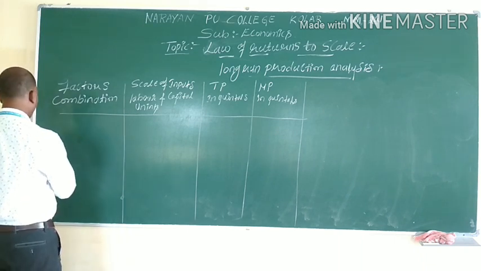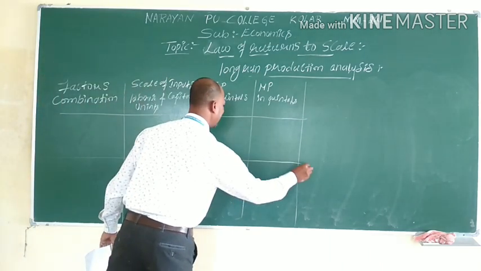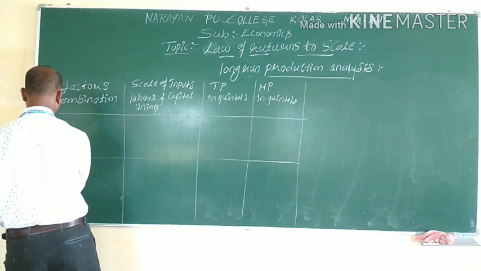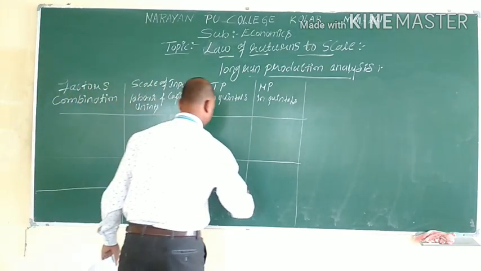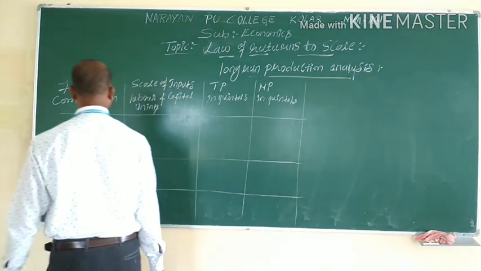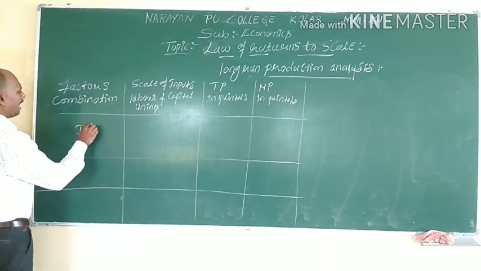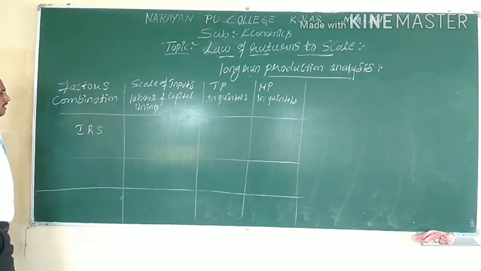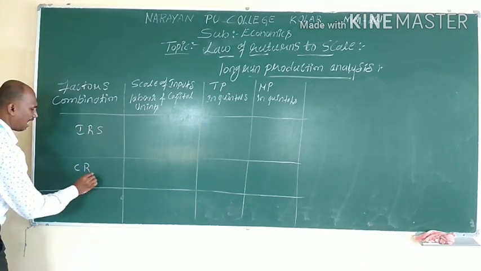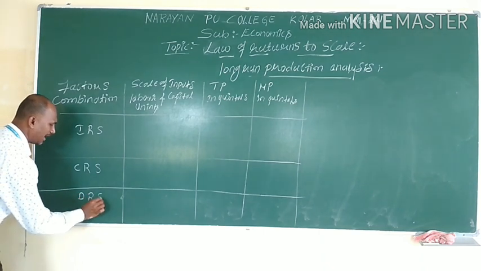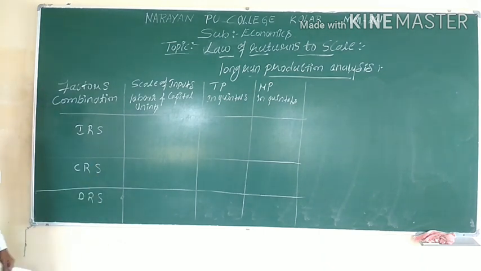As we know very well, there are 3 stages. Which are they? IRS, increasing returns to scale. CRS, constant returns to scale. DRS, diminishing or decreasing returns to scale.